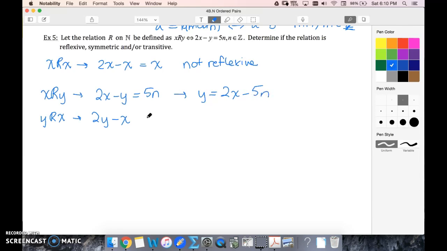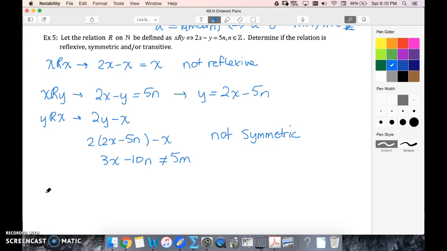So we would end up with 2 times (2x minus 5n) minus x. That's going to give us 3x minus 10n. This is not a multiple of 5. So we are not symmetric.